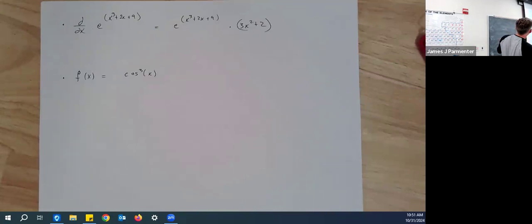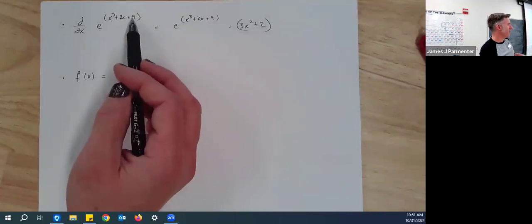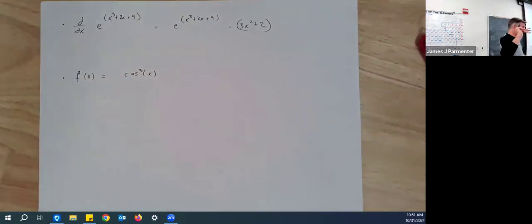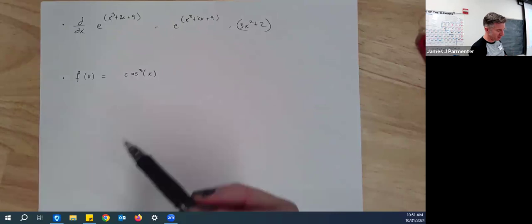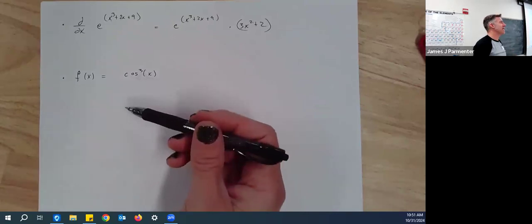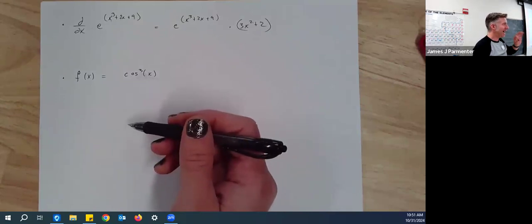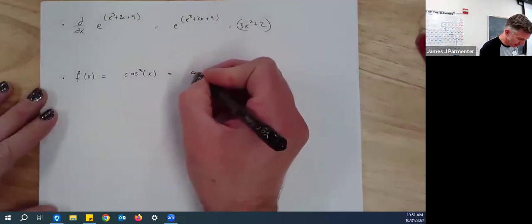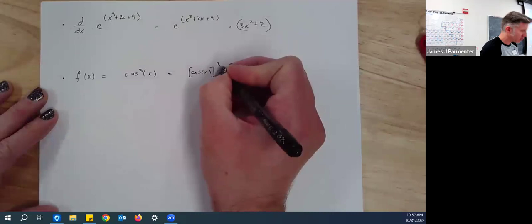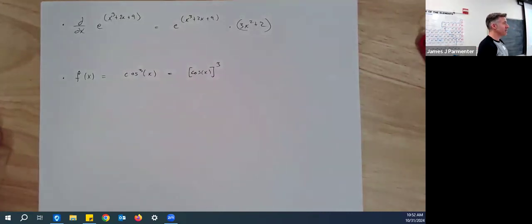When you say it that way, it's less obvious what the outer function is. But if you think about it, the inside function is x cubed plus 2x plus 9, and after that, you're doing e to the whatever that is. In a similar way, it's not straightforward with this abbreviated notation to tell which function is the inside function and which is the outside function. So when you have a power of a trig function, I highly recommend rewriting it as cosine of x, quantity cubed. Now it's obvious that the inside function is cosine of x and the outside function is raising whatever you have to the third power.